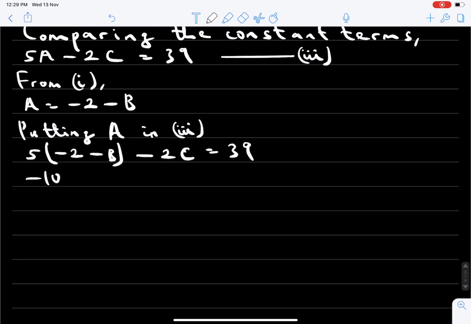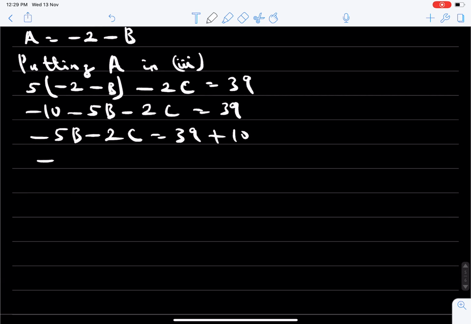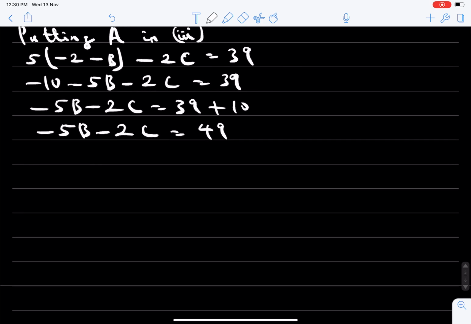And that means minus 10 minus 5b minus 2c is equal to 39. Which means minus 5b minus 2c is equal to 39 plus 10. And that's simply minus 5b minus 2c equals 49. That's equation 4.